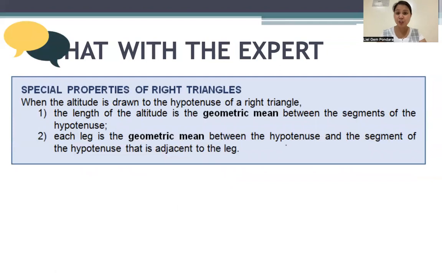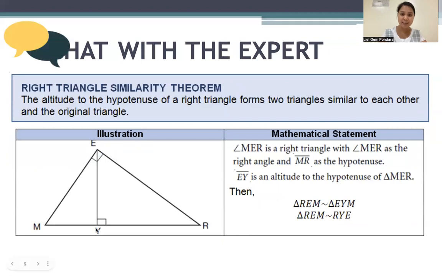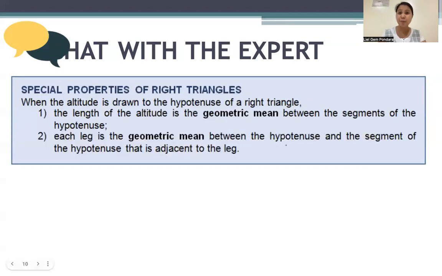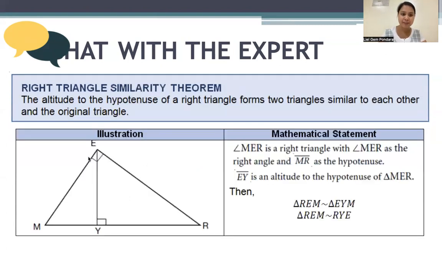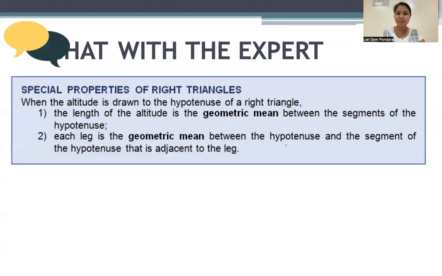Now we have some special properties of right triangles. When you draw an altitude to the hypotenuse, like this one, here are some properties that would apply. First, the length of the altitude is a geometric mean between the segments of the hypotenuse. So it means that this one, EY, is a geometric mean of MY and YR.